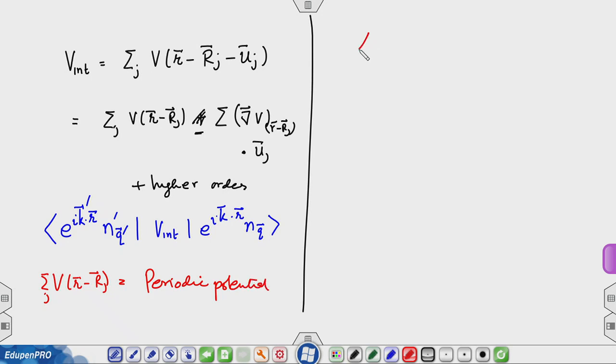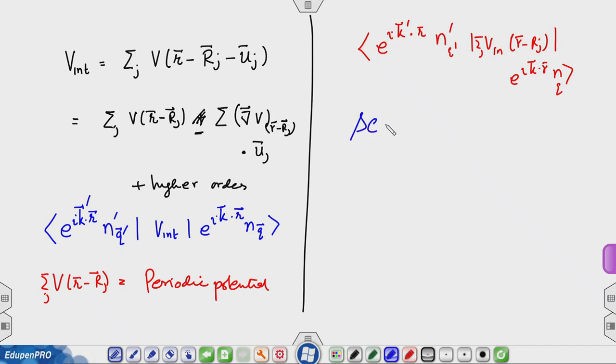If I take its expectation value, e raised to I k prime dot r, n prime q prime, V interaction, only this r minus r j term summed over j, e raised to I k dot r, n q, this is like scattering from a periodic potential.